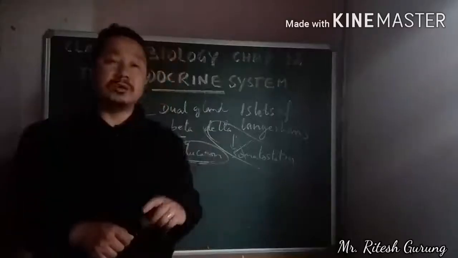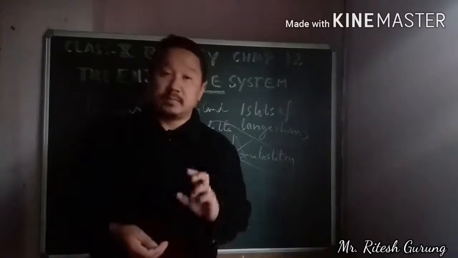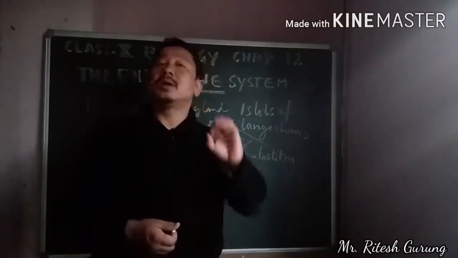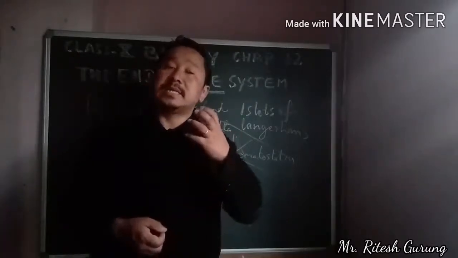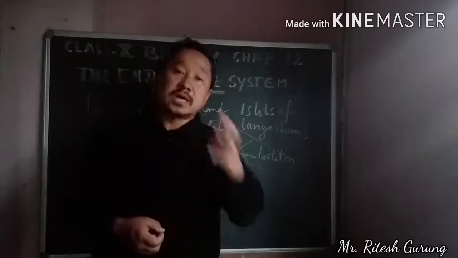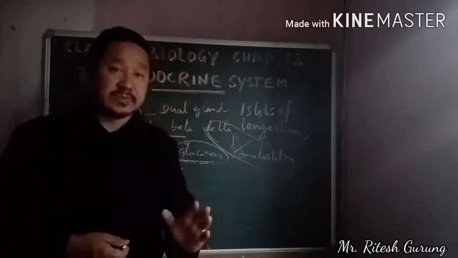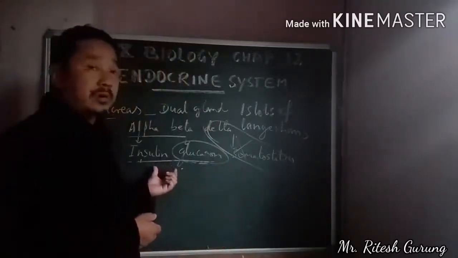As you all know, this is the hormone which takes down the sugar level there in the blood, which means it checks the condition called hyperglycemia. As I told you, hyperglycemia means increased sugar level in the blood. So this hyperglycemia is checked by the hormone called insulin.